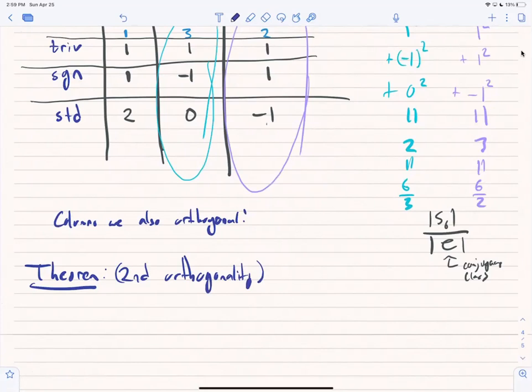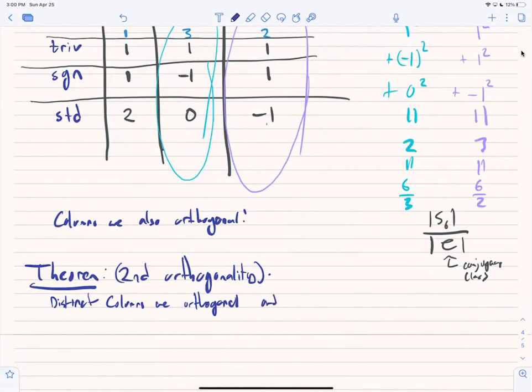For any finite group, distinct columns in the character table over the complex numbers are orthogonal.